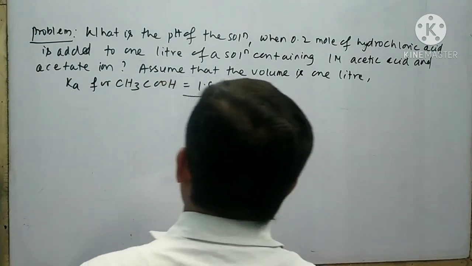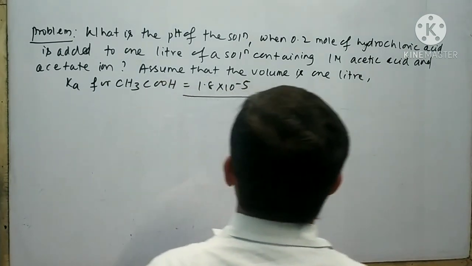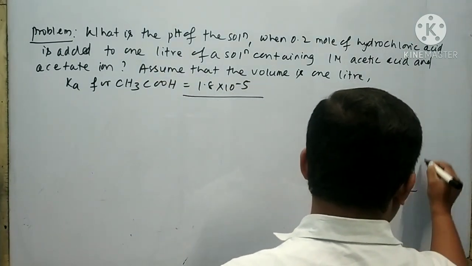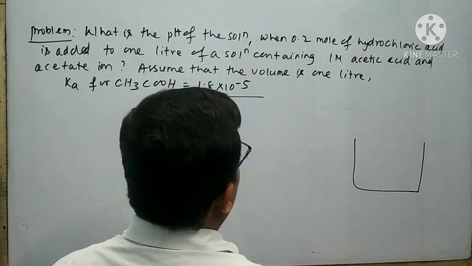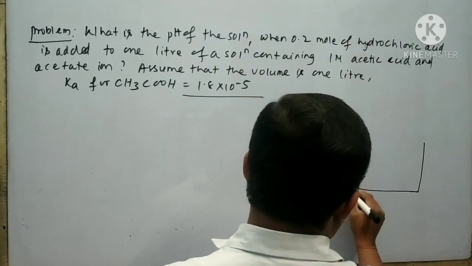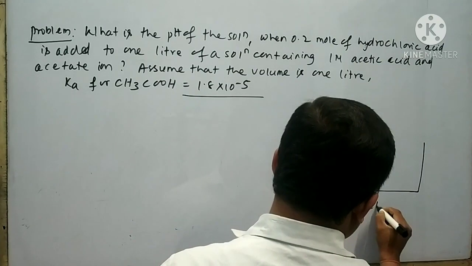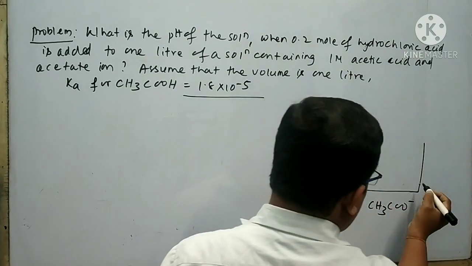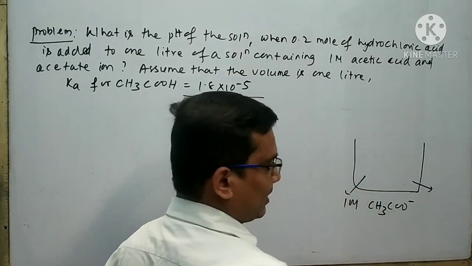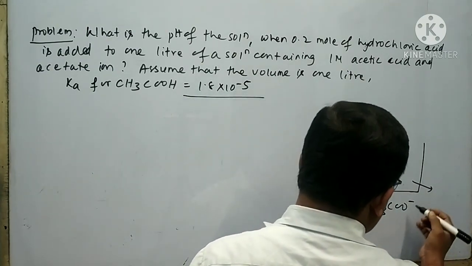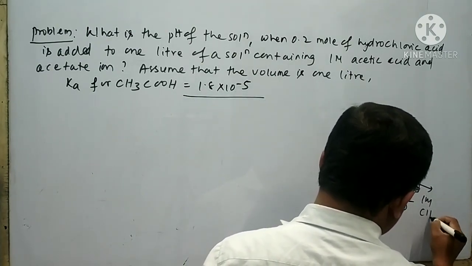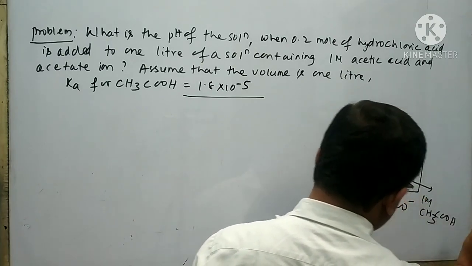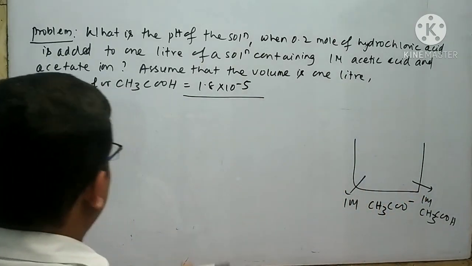According to the question, look at that. Here a solution is present, having 1 M acetate ion, that means 1 M CH3COO minus, and 1 M acetic acid, that is 1 M CH3COOH.